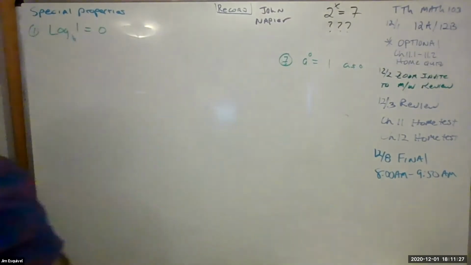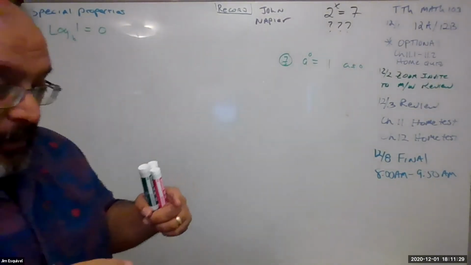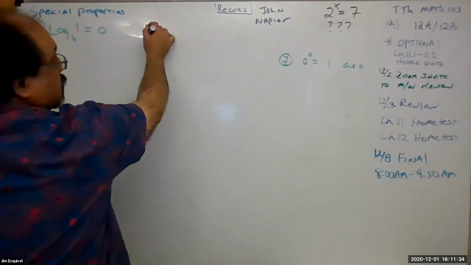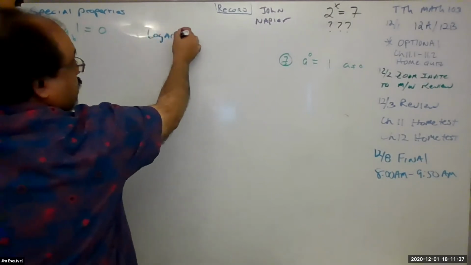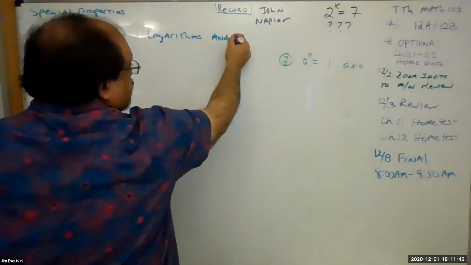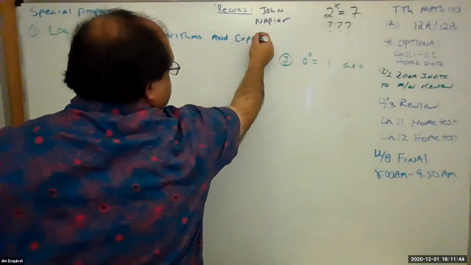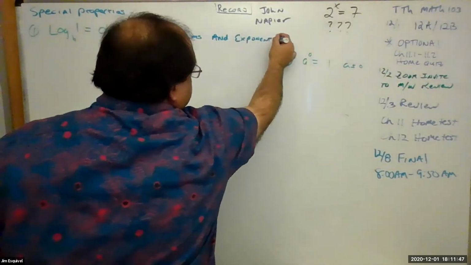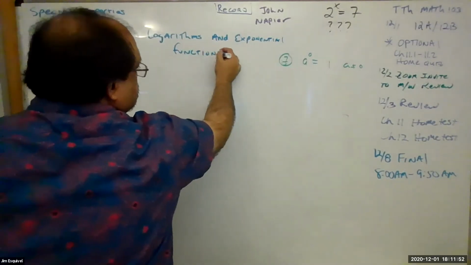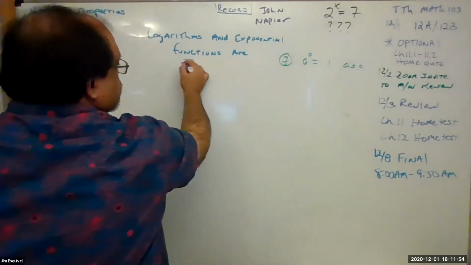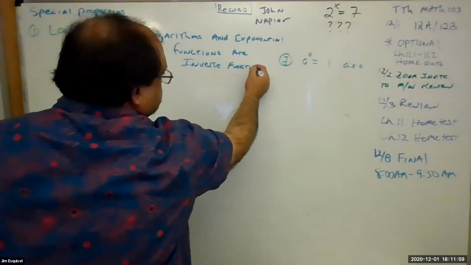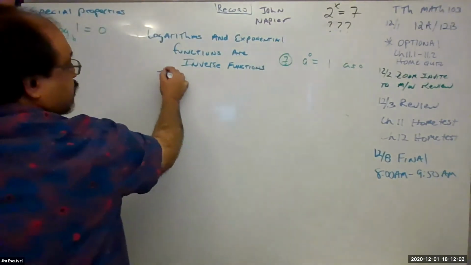The next rule. Remember this idea: logarithms and exponential functions are inverse functions. And that means they undo each other.